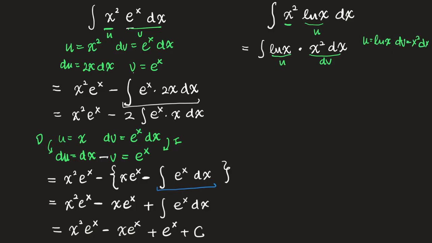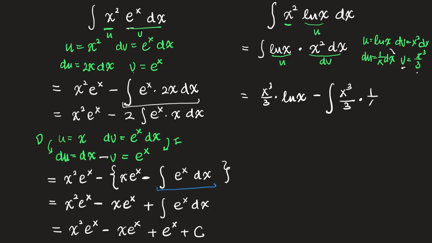Differentiate ln x, 1 over x dx, v is x cubed over 3. So now this one minus integral v du, x cubed over 3 times 1 over x dx.